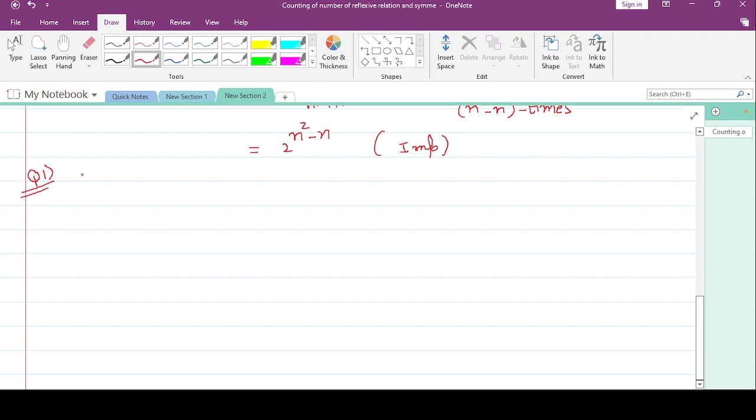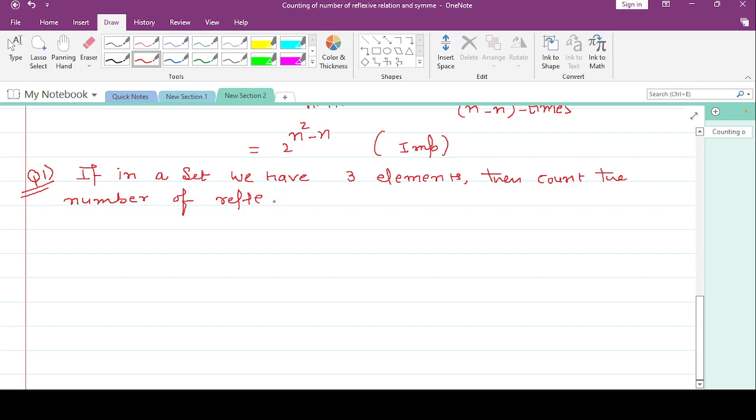The question is: if in a set we have three elements, then count the number of reflexive relations.